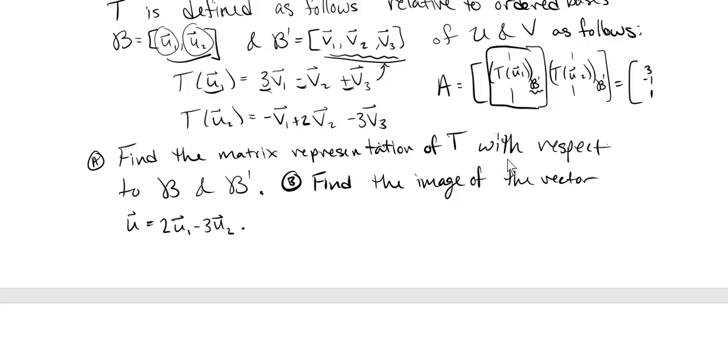Because T of u1 is some linear combination of those basis vectors, the scalars in that linear combination are the coordinates relative to that basis. By the same token, T of u2 is very easy: -1, 2, -3. And there you have it. There's your matrix representation of T with respect to these bases.